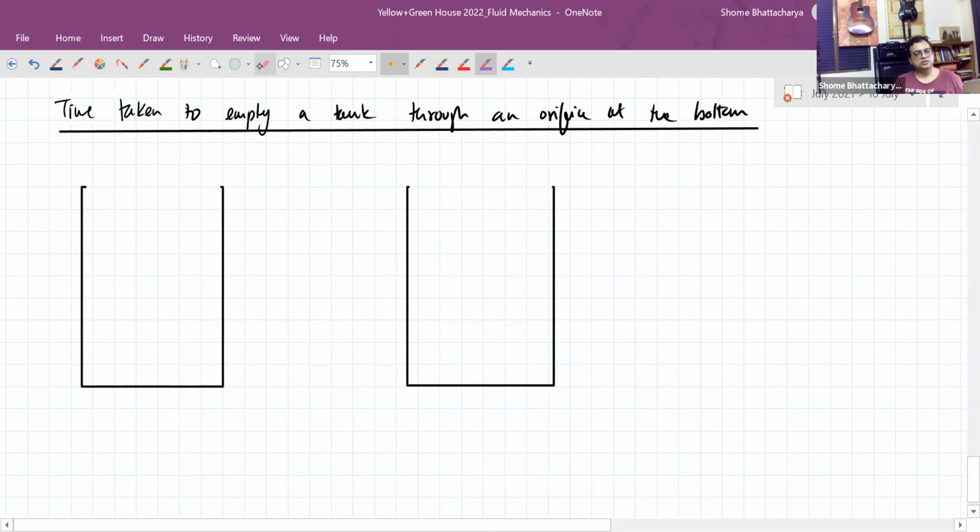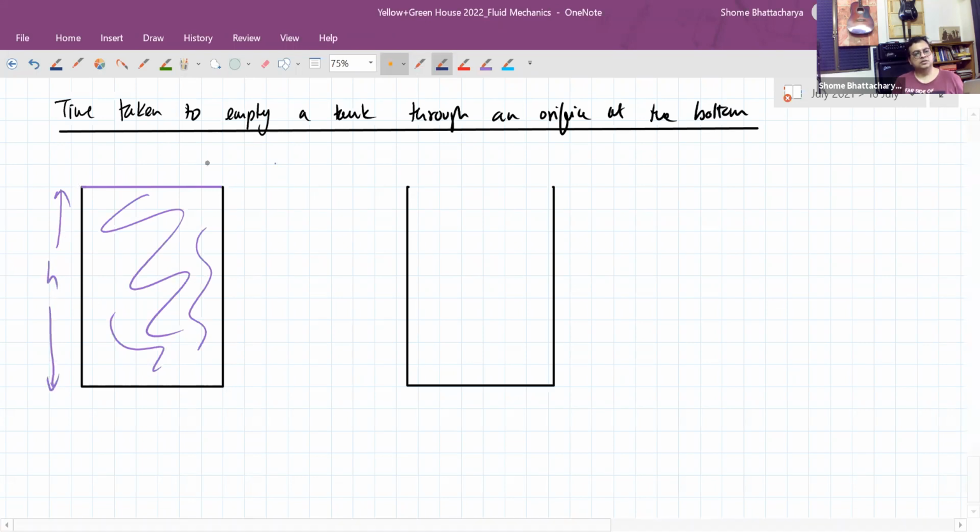So let's say initially the liquid is there right up to the open top of the tank. This height is h. Okay. The cross-sectional area of the tank is A, and we have this small orifice which has been opened at t equal to 0.